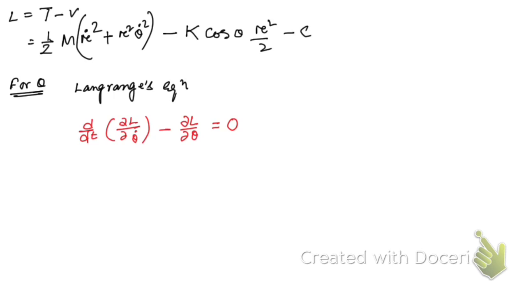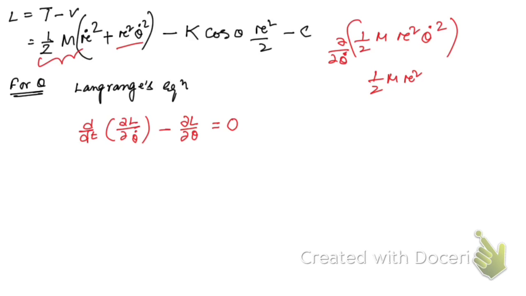Now if you differentiate this with respect to theta dot, here this part is the only function of theta dot. So if you multiply this one with this, you're going to have half capital M r square theta dot square. If you differentiate it with respect to theta dot, we get half M r square into 2 theta dot.